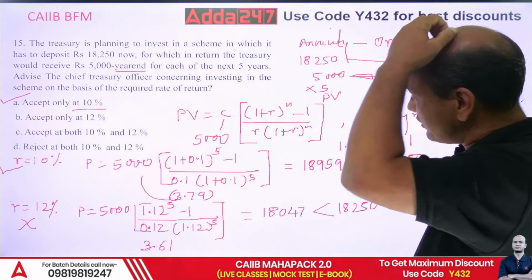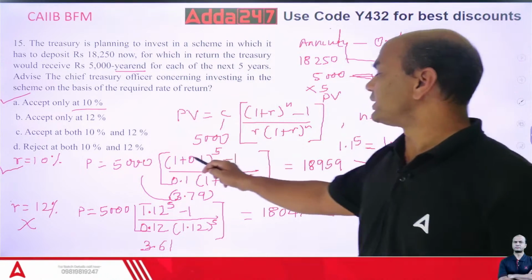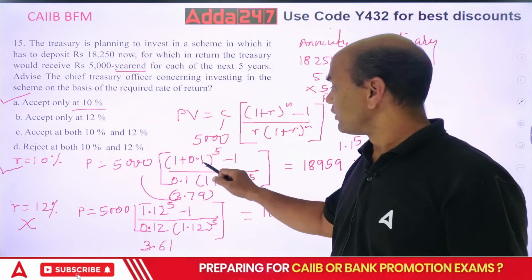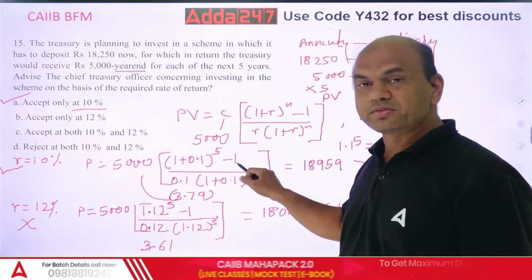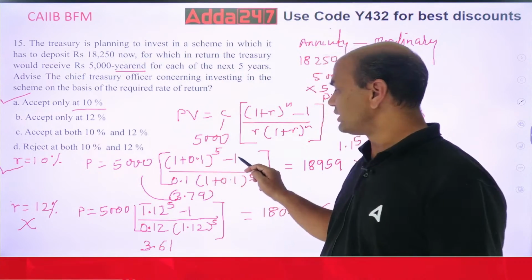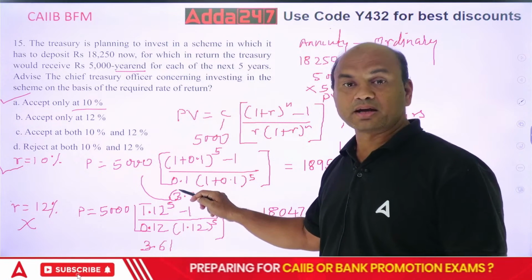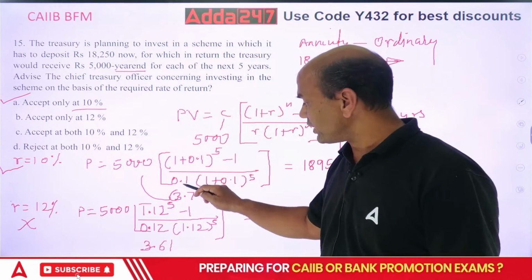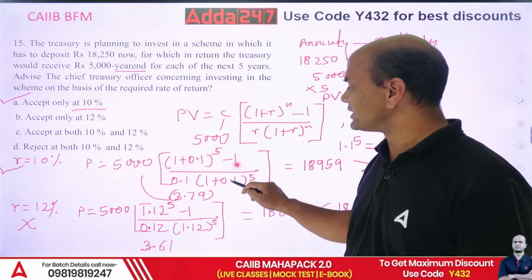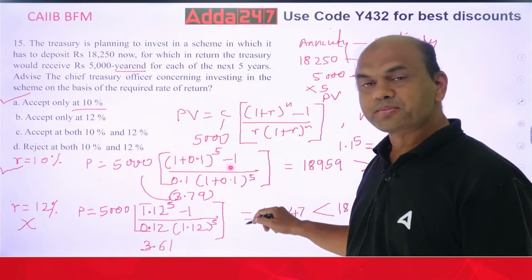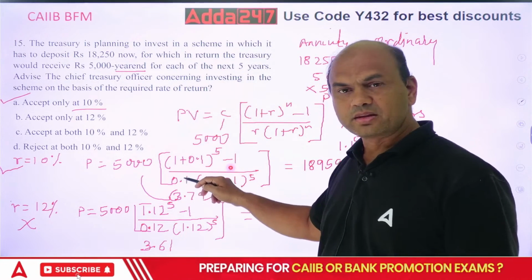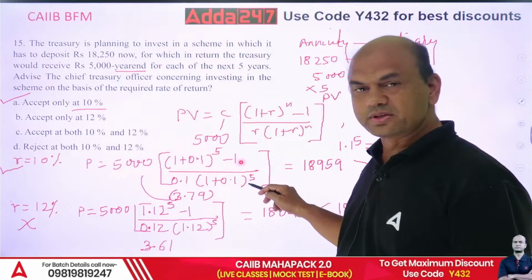So do it now. That is equal to 1.61 minus 1, which is 0.61. So 0.61 divided by, again over here, 0.1 into 1.61. This is again 1.61. So 0.61 upon 0.1 into 1.61.